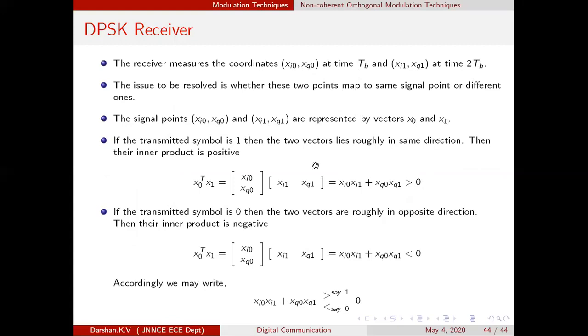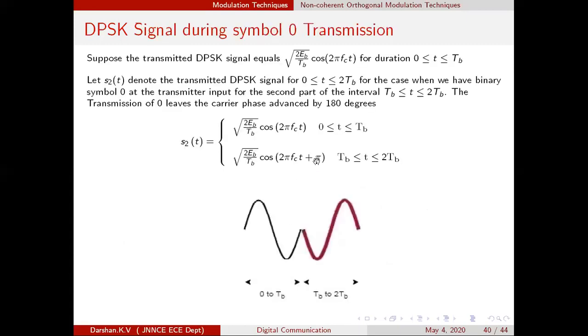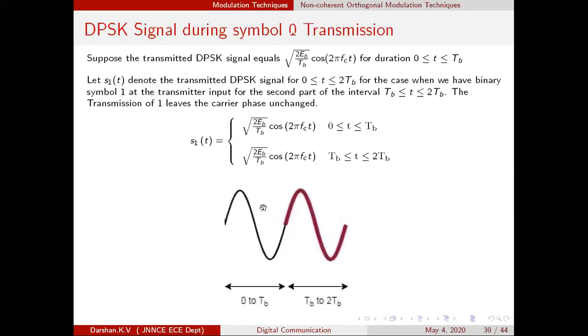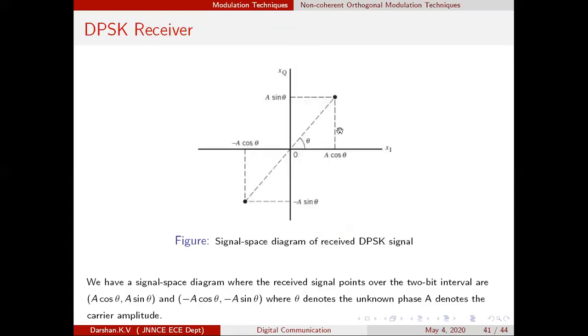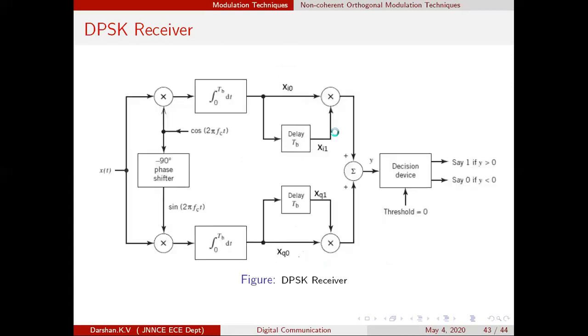Now if you transmit symbol 1, then the two signals received from 0 to TB and TB to 2TB have the same phase. If you plot, the points will lie over here, and the vectors, joining the points with respect to the origin, will also lie in the same direction. That is what you are supposed to understand.